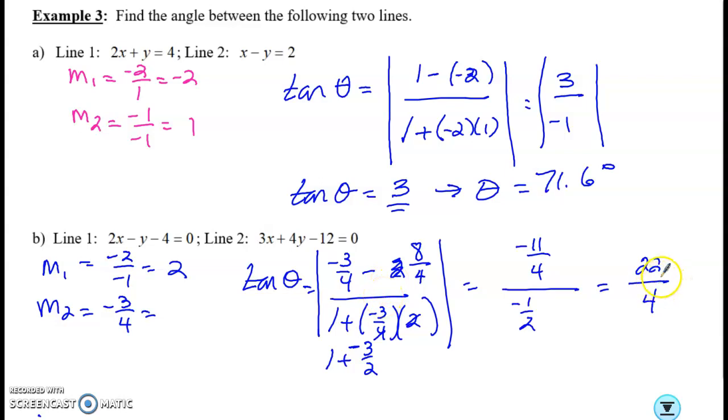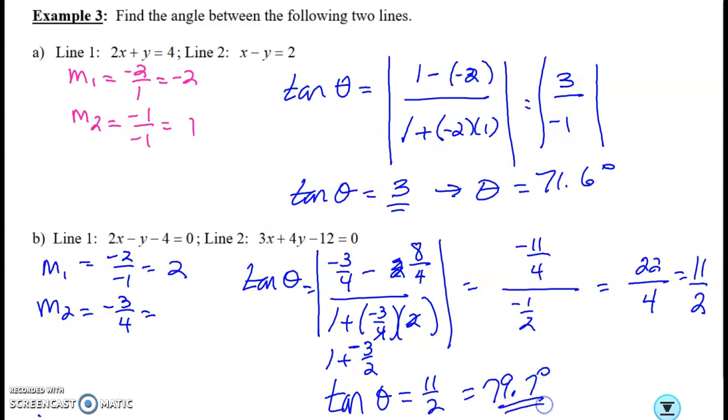Okay, so this is 22 over 4, which is 11 over 2. So I apologize if I made a mistake in my math. I'm hoping I'm right now. I'm going to take the inverse tangent of 11 over 2. And so I get 79.7 degrees. So that should be the correct answer for this problem. Let me know in an email if I'm wrong.